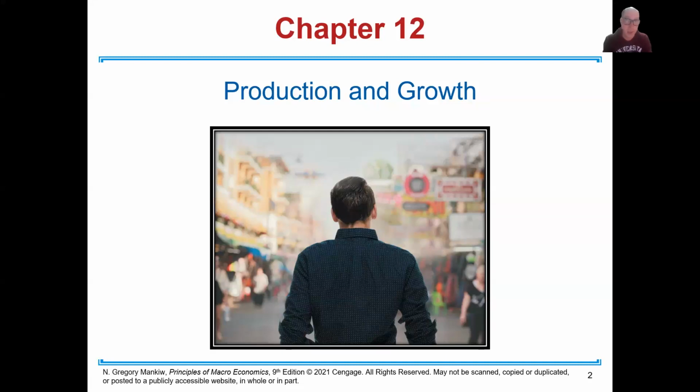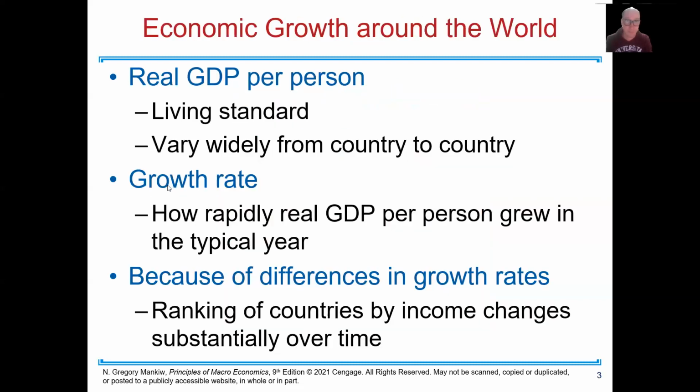Today we're going to be talking about production and growth, which follows the same type of conversation we just had about gross domestic product and the consumer price index. In looking at growth, oftentimes we need to look at the gross domestic product to understand how quickly the country is growing.